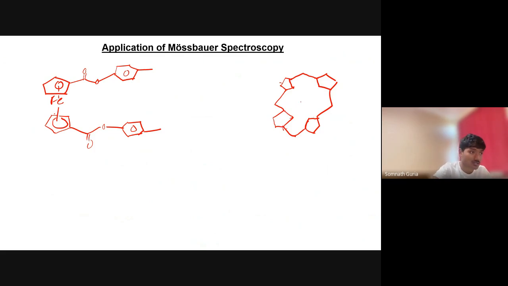It's a bad structure, but we can draw it. You have nitrogen here, nitrogen, nitrogen, nitrogen over here.